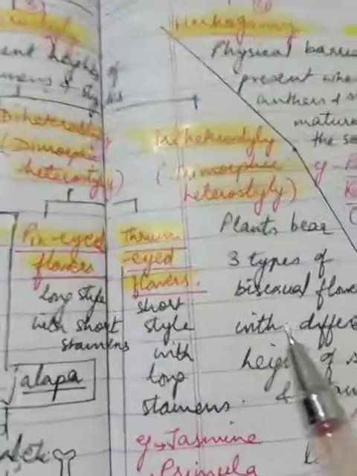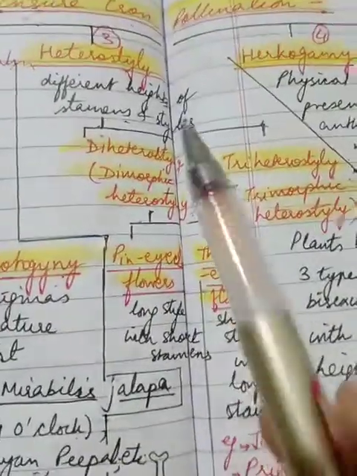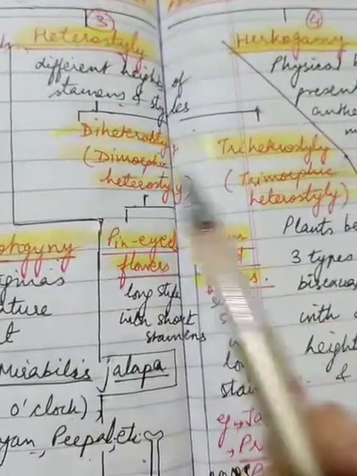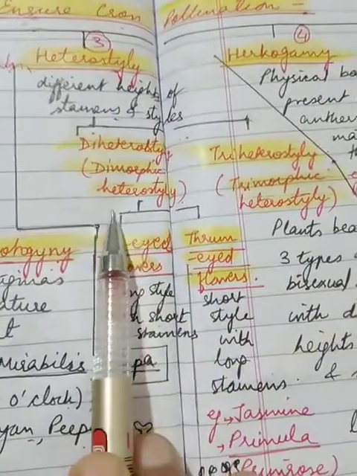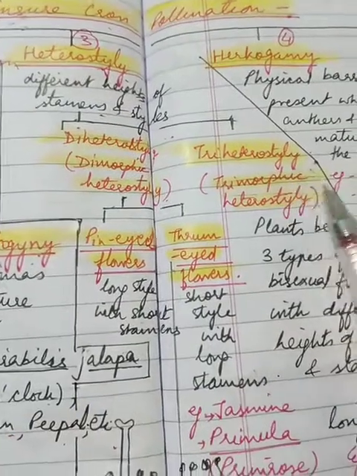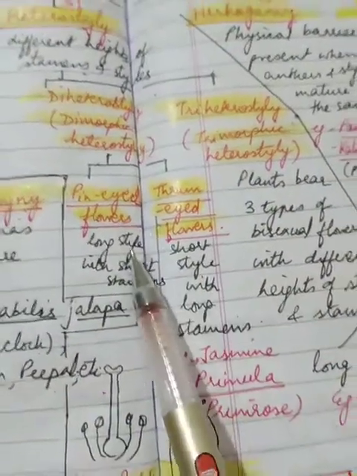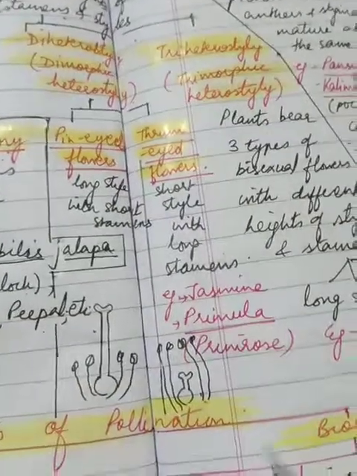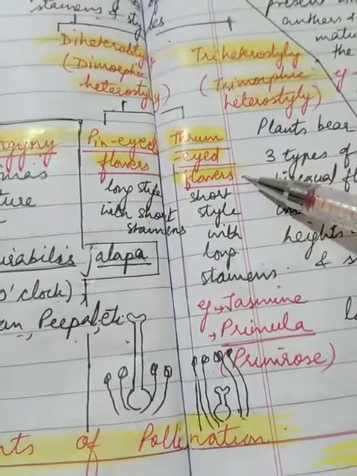So let us see how these different lengths of anther, that is filament, and styles are there. Under this, as we said, heterostyly is of two types: diheterostyly, also called dimorphic heterostyly, and triheterostyly, also called trimorphic heterostyly. We'll understand this by two terms, pin-eyed flowers and thrum-eyed flowers.